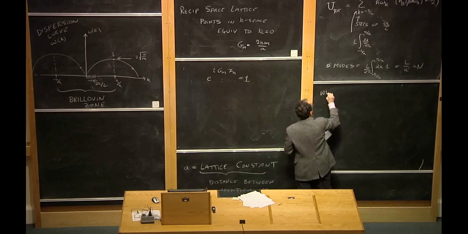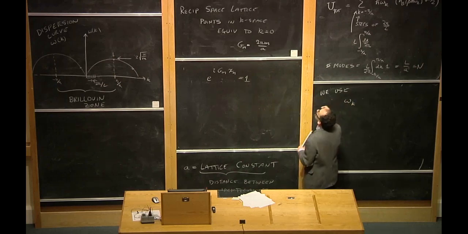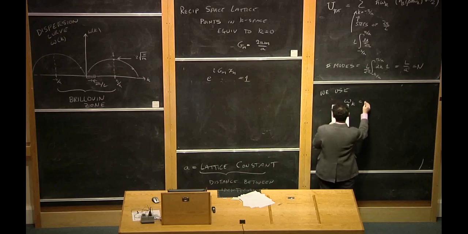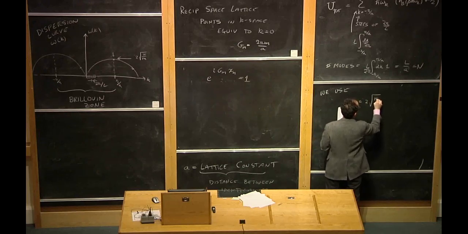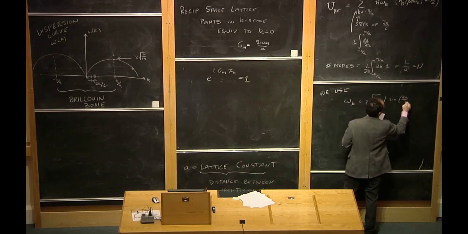So we use our omega of k that we derived. Well, off the top of the board, I'll write it again. We use 2 square root of kappa over m, absolute value sine of ka over 2.